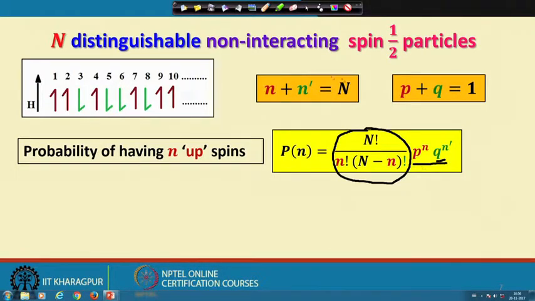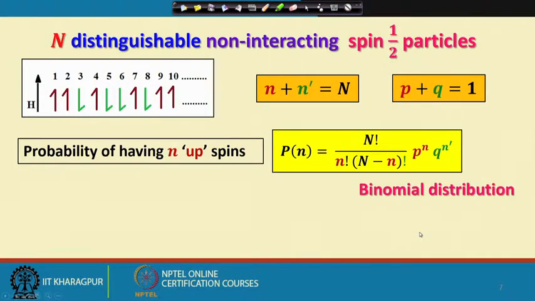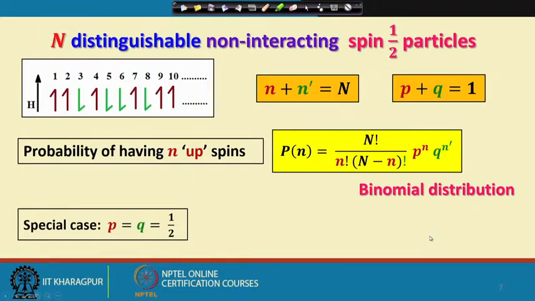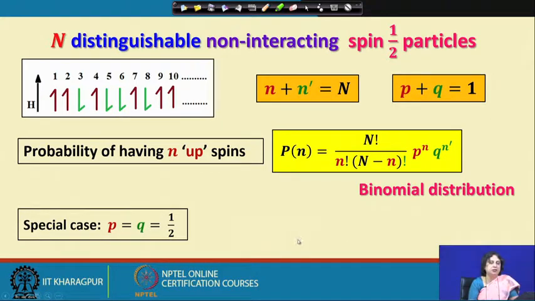Once we understand this, we can go back and say that this is actually a specific representation of a binomial distribution. And in most cases we are interested in the special condition where small p is equal to small q equal to half.